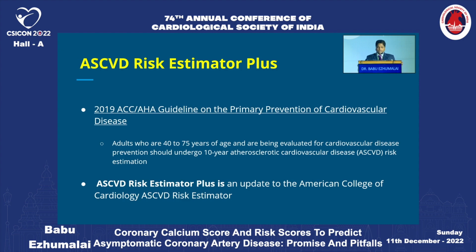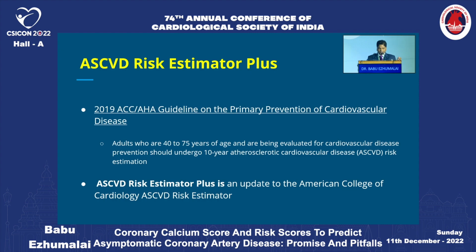Then the ASCVD risk estimator plus is the most validated and widely used score, based on the 2019 ACC-AHA guidelines. Adults who are 40 to 75 years of age should undergo this 10-year ASCVD risk estimation.